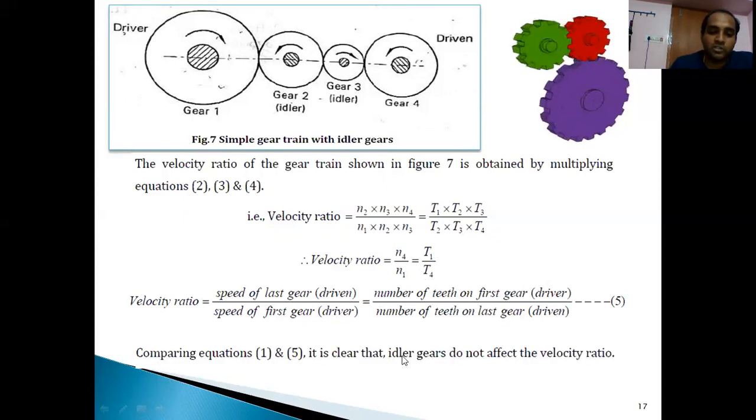So if you compare equations 1 and 4, you can say that whatever idler gears you are using here, gears 2 and 3, they will not change the velocity ratio. From 1 to 4, the velocity is not changed when it is moving from 1 to 2, 2 to 3. Only to accommodate the space between gear 1 and gear 4, we are introducing these gears.